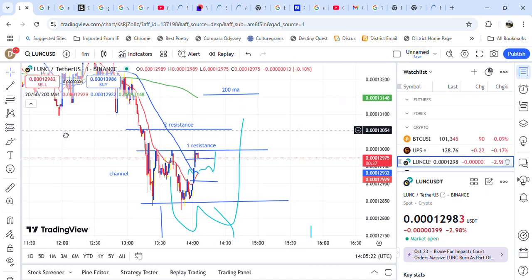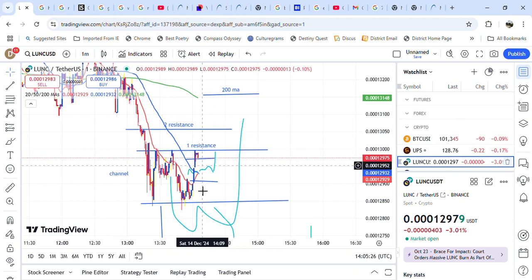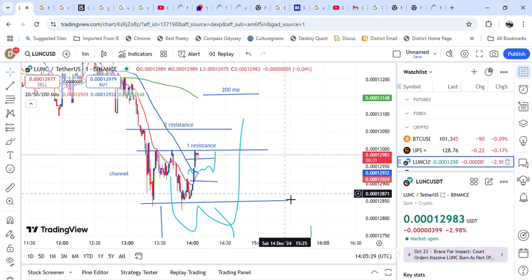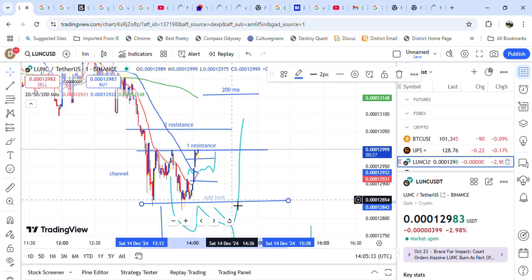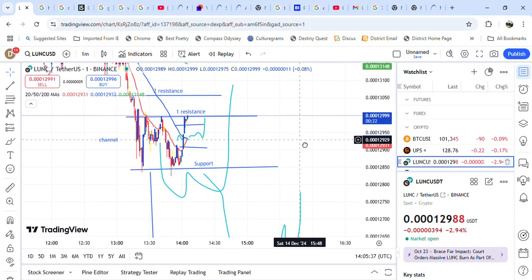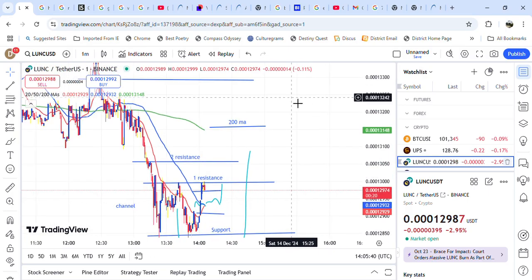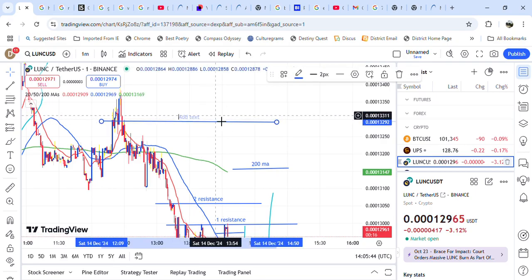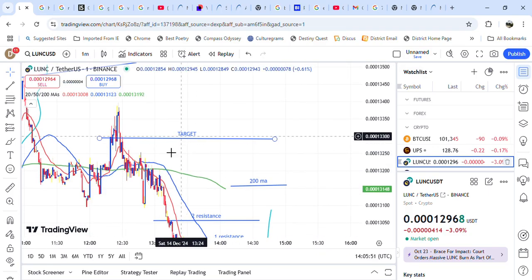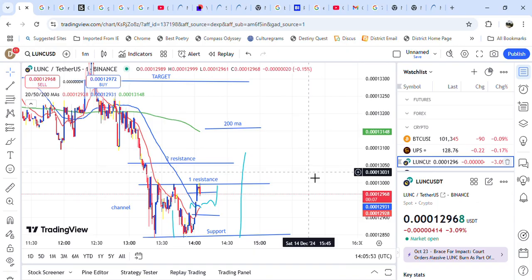Alright, so we got the channel that we're currently in right here, in this area right here. We got the, let me write support. Alright, so by drawing all these support and resistance levels, also right here we got target. This is where you would want to sell, right here at the final resistance.